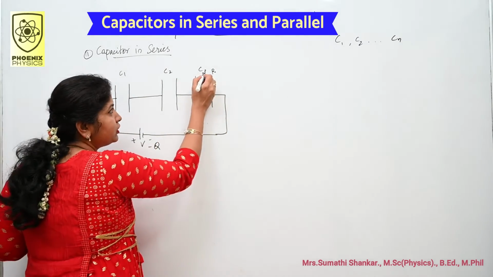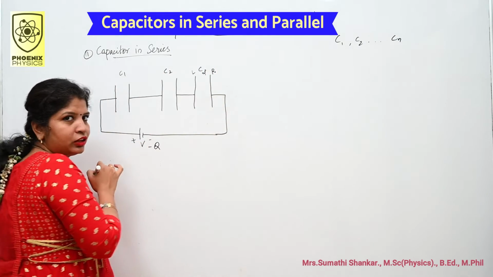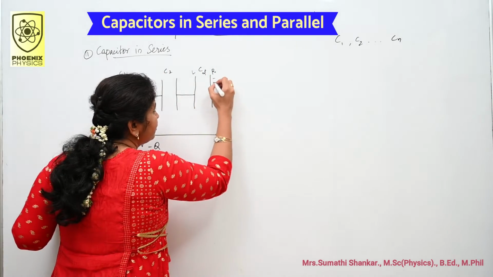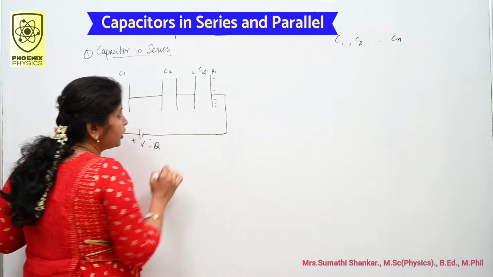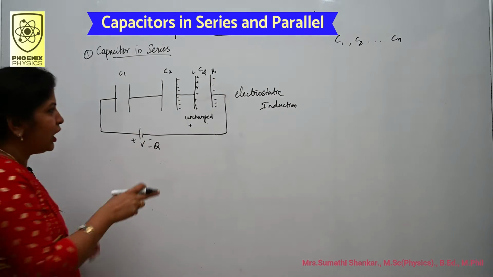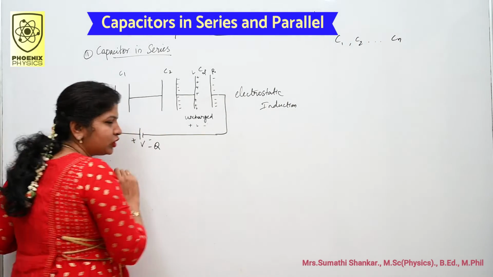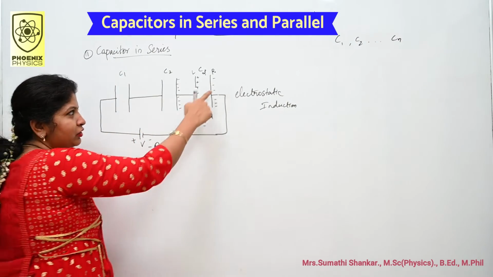So this is my C3 capacitor, this is the right side plate, this is the left side plate. So here I have negative charge. Know that the left side of the C3 plate is uncharged. Uncharged means it has equal numbers of positive and negative charges. Here I have negative charge.